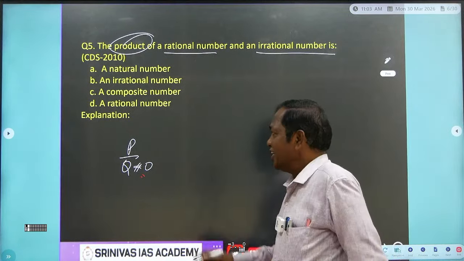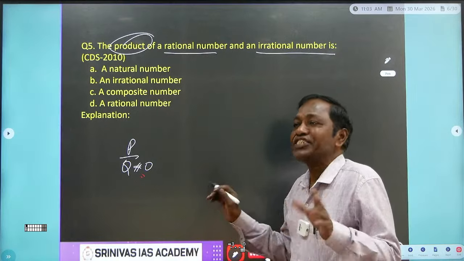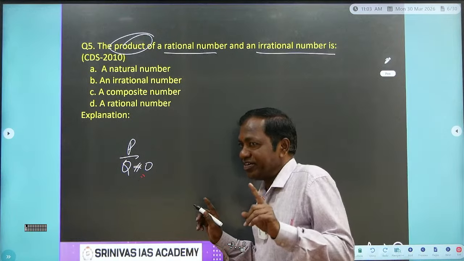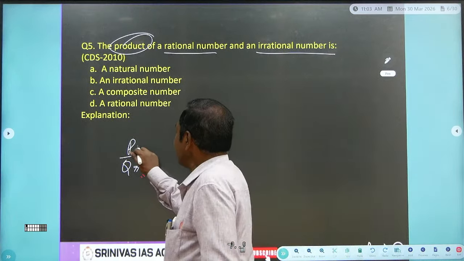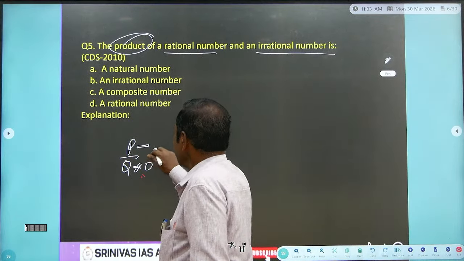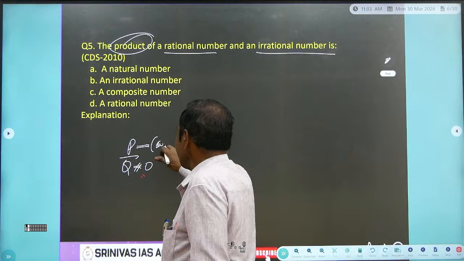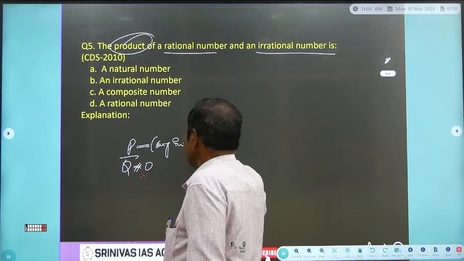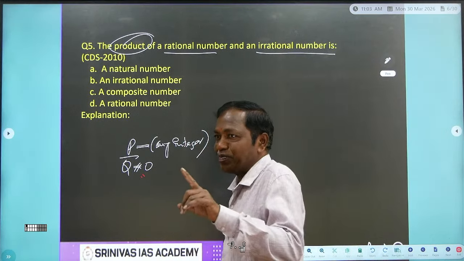P can be any integer. It means 0 is also possible.